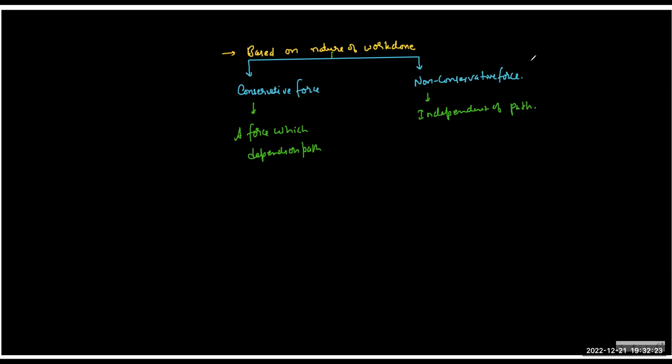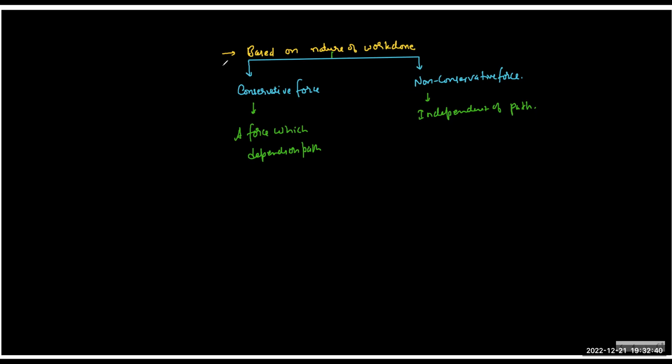So it's very simple. A force which depends on path is called conservative, and the force which has nothing to do with the path which you take is non-conservative. So it's of course a different definition altogether.